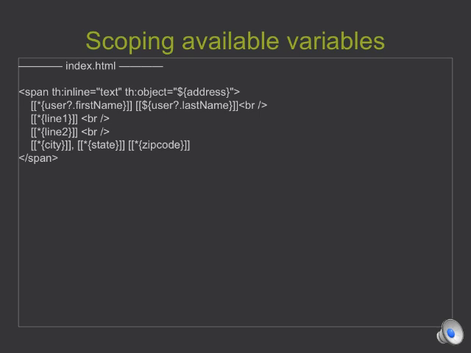What the star does is it will execute the remainder of the expression on whatever the object is that you have. So these two slides are identical. They're both executing address.user.firstName, address.line1, etc. But we don't have to repeat ourselves so much.